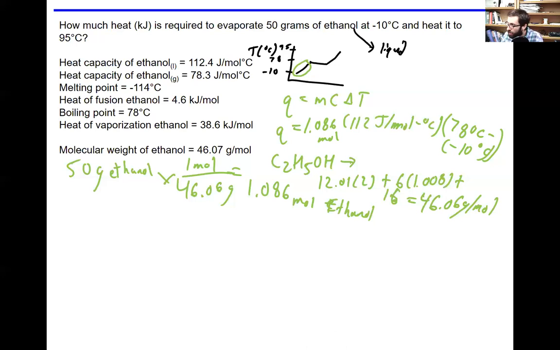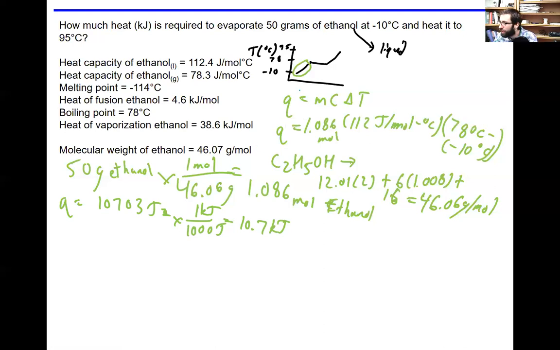That's going to get you Q equals 10,703 joules, right? And we want this in kilojoules, our final answer, but it's not the final answer yet. We remember that for every 1,000 joules, there's 1 kilojoule. And so that's going to get us 10.7 kilojoules. So that's the green part.